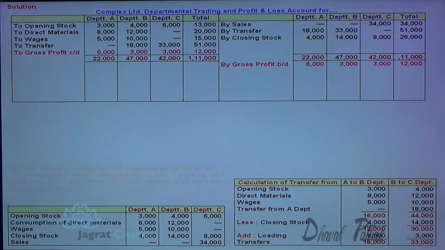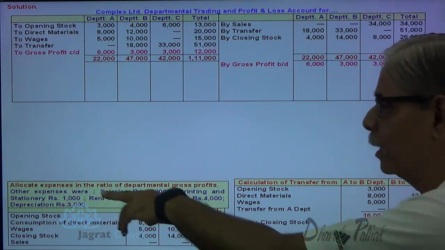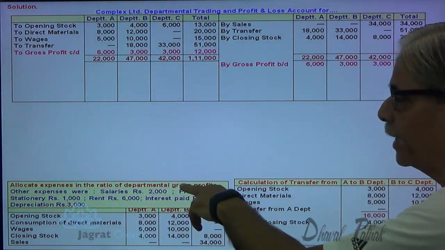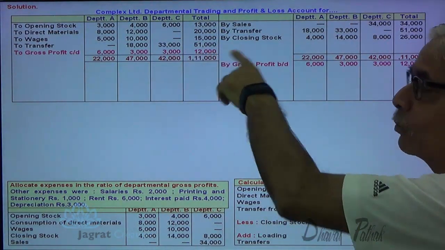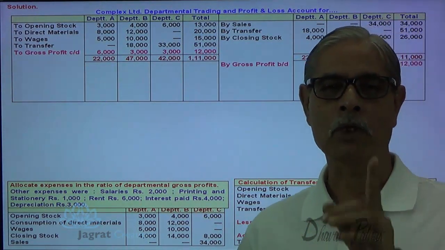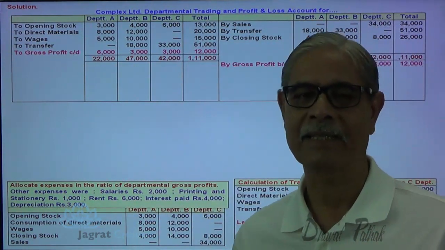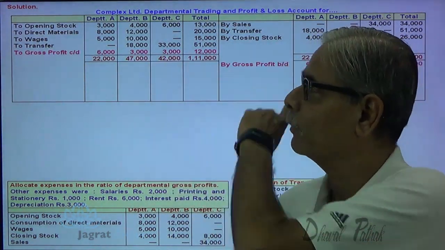Now let me debit the expenses. Salary is 2,000, allocated in the ratio of departmental gross profit. So I worked out the gross profit first, because I wanted to find out the ratio of gross profit. And in the ratio of gross profit, the expenses get divided.